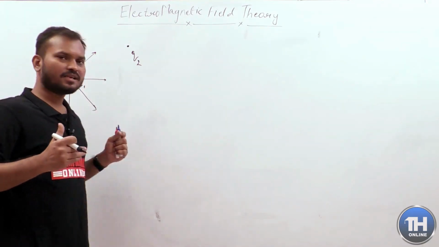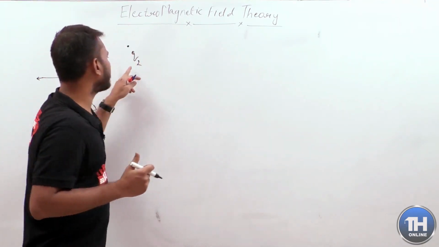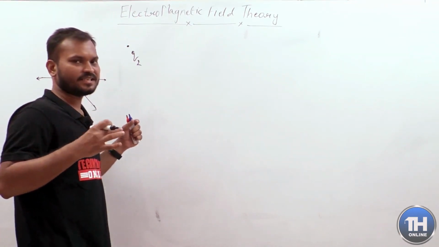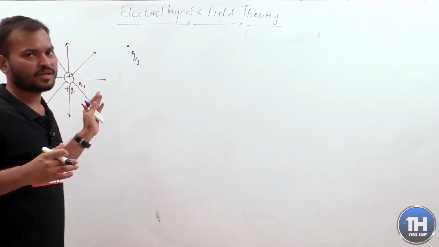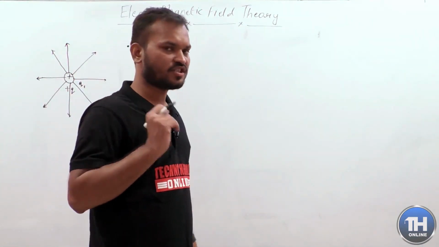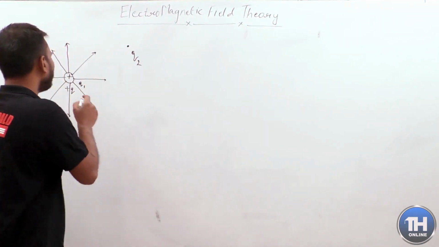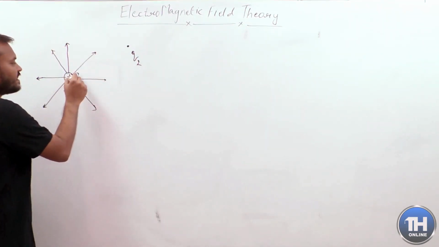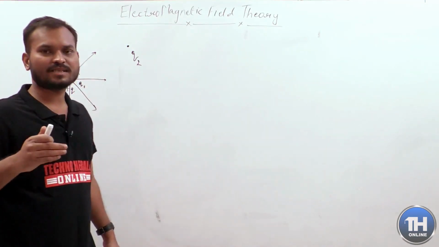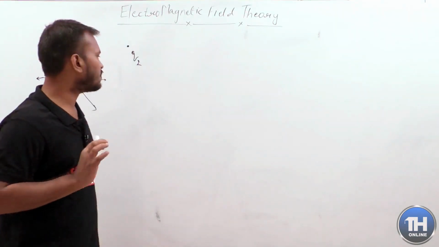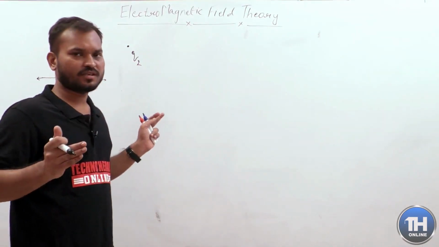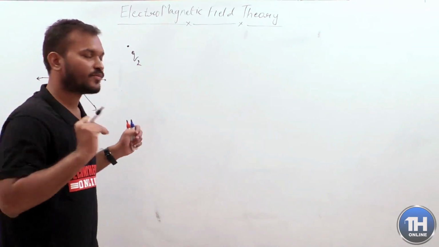Whatever work this charge q2 is doing is stored as energy in this charge q2. So from there we generate the concept of potential. Okay, so first we have the charge, then it creates an electric field around it, then there is the concept of potential.